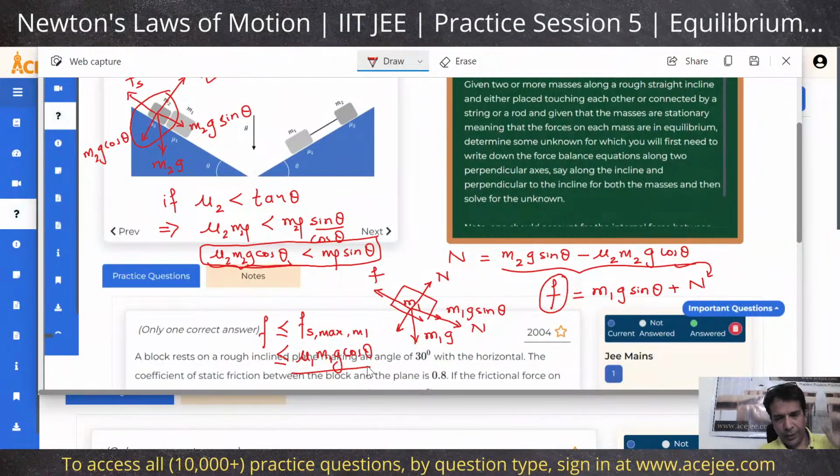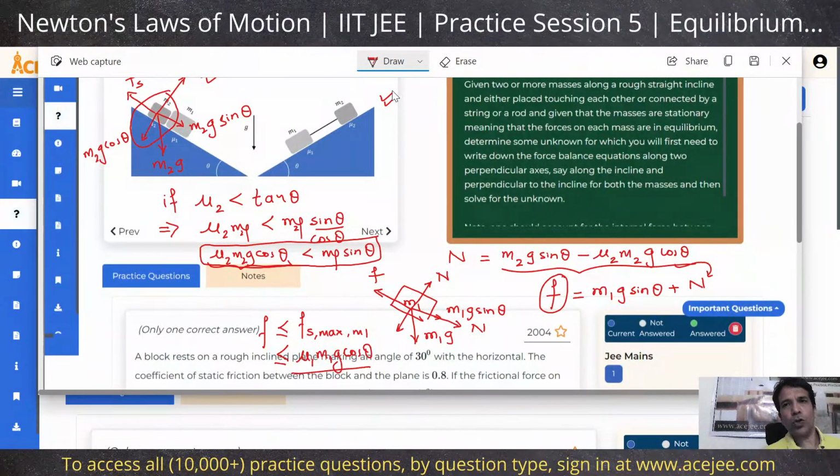Yes, sir. Okay. Now, if we were to replace this scenario with this one, what's so different about this scenario? Earlier, they were just touching each other or pushing each other, right? But now you have a rod connecting the two. So in the left scenario, M2 could only push it.